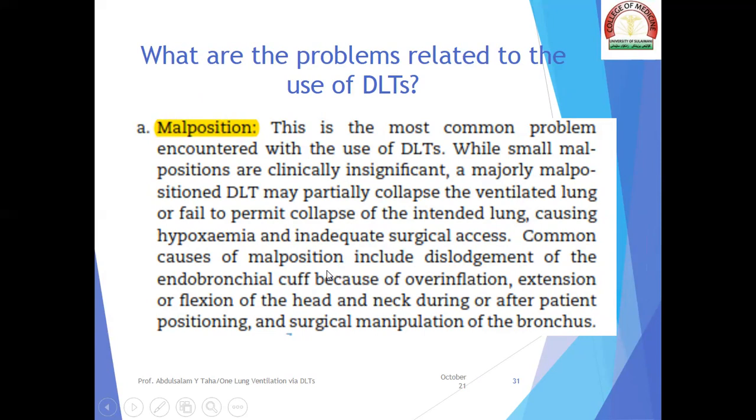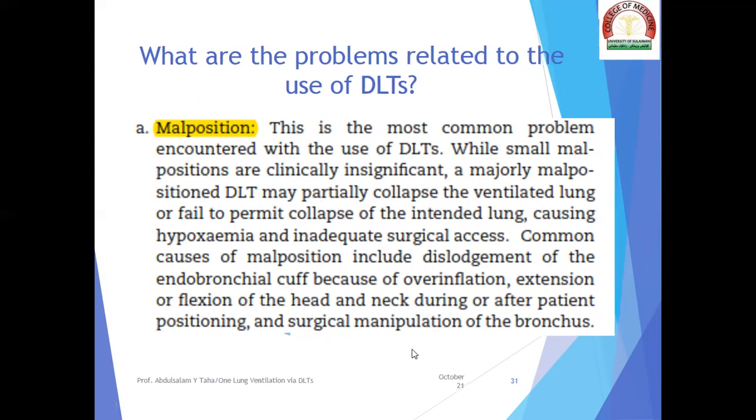Common causes of malposition include dislodgement of the endobronchial cuff because of overinflation, extension or flexion of the head and neck during or after patient positioning, and surgical manipulation of the bronchus.